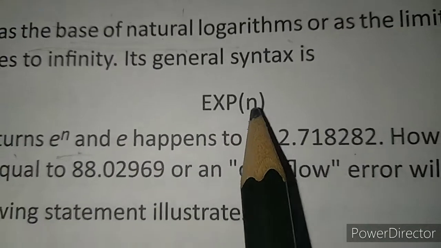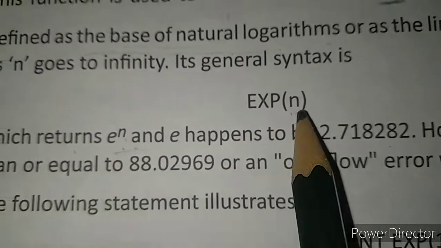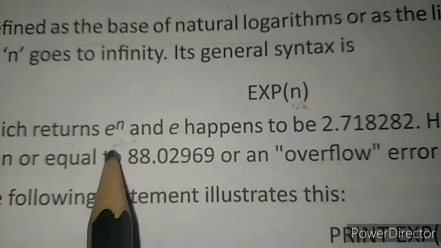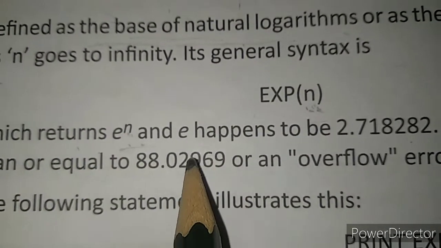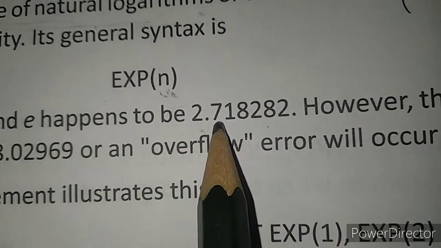It means if you put the value 2 here, it will return the value of e raised to the power 2. If you put the value 3, it will return e raised to the power 3, and so on.